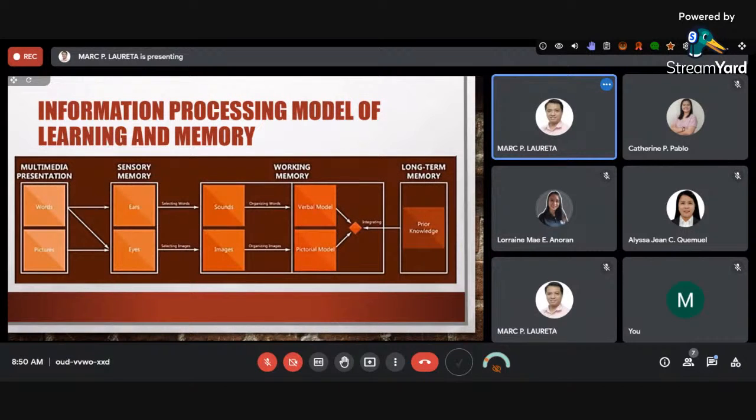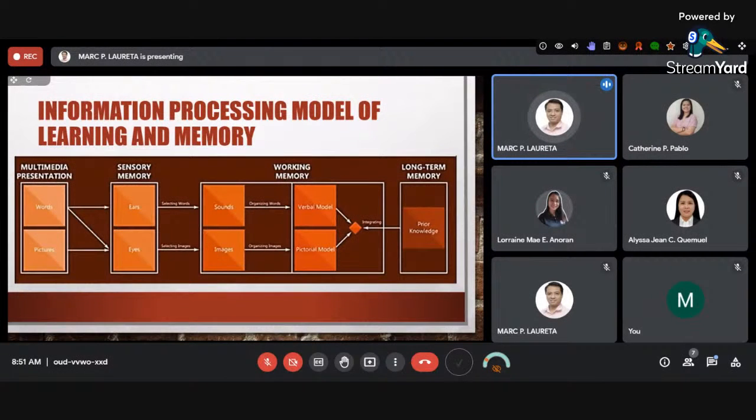So, the learning process model of learning and memory. As you can see, this is the visual representation of cognitive information processing, more on memory. In particular, we can see how information flows through our mental structure. Beginning with the multimedia presentation of the information, words, sounds, and pictures, it will proceed to our sensory memory.